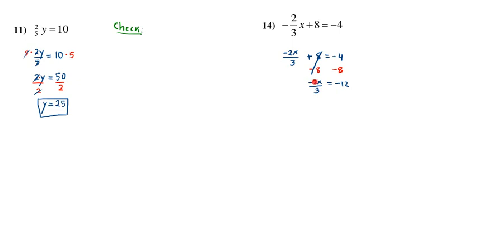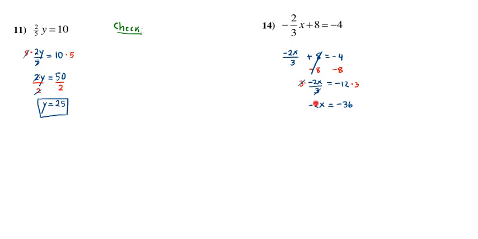Now we know that removing the negative 2 is the last step, so the next step right now is to remove the 3. The 3 is dividing at this moment, so we need to do the inverse, which is multiply by 3. Multiply by 3 on both sides. Doing the operations, we get negative 12 times 3, that is negative 36. And on the left side, this 3 with this other 3 that is on the denominator, they divide to 1. So we are only left with negative 2x on the left side.